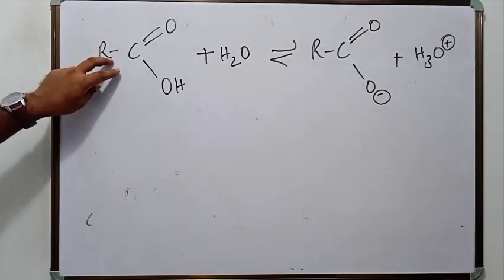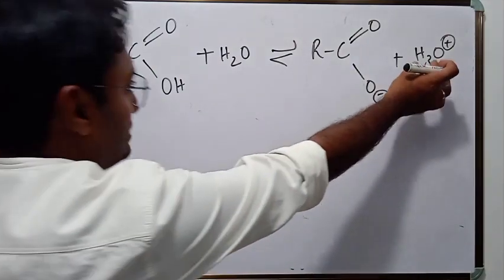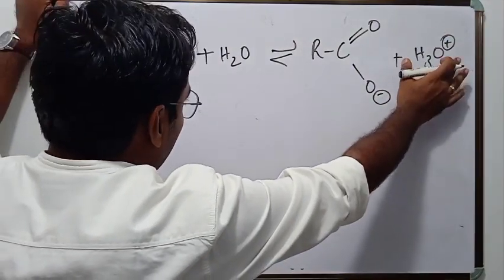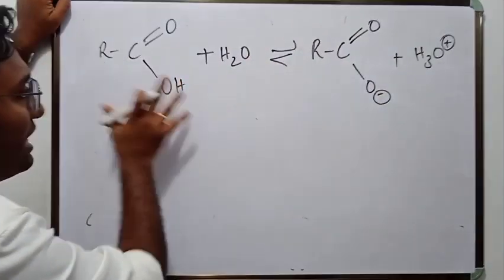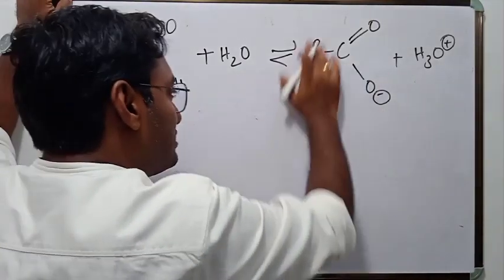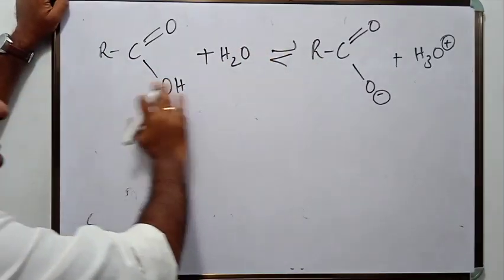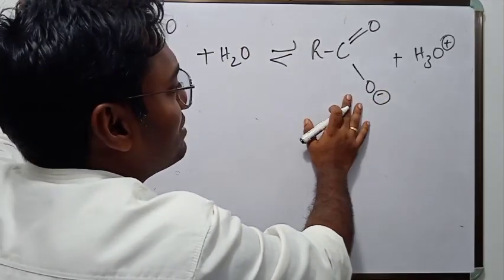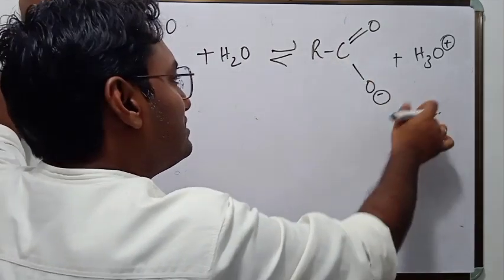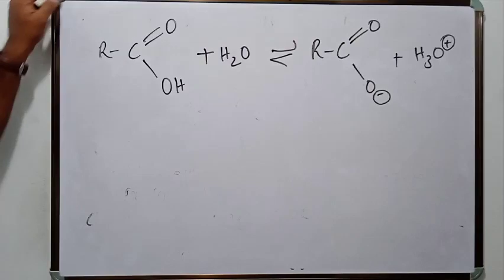So that makes it an Arrhenius acid. Of course, the carboxylate salt, which is nothing but the conjugate base of carboxylic acid, is also formed, no doubt. But the thing is, H plus is released in water and therefore it is an Arrhenius acid.